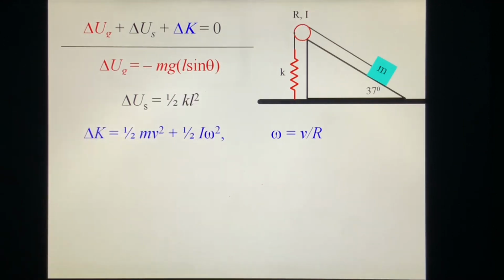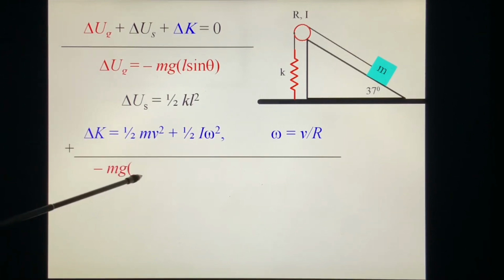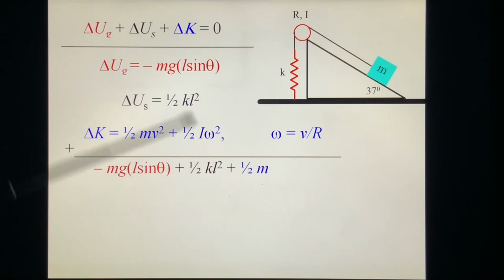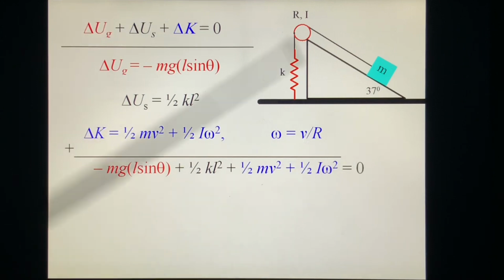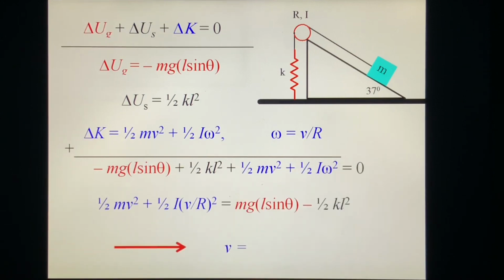Okay, you have it. Then put them together. The red one, the black one, the blue one equal to 0. We put this one here, and very easily we get V equal to 0.69 meter per second. Same answer. See how powerful this conservation of mechanical energy.